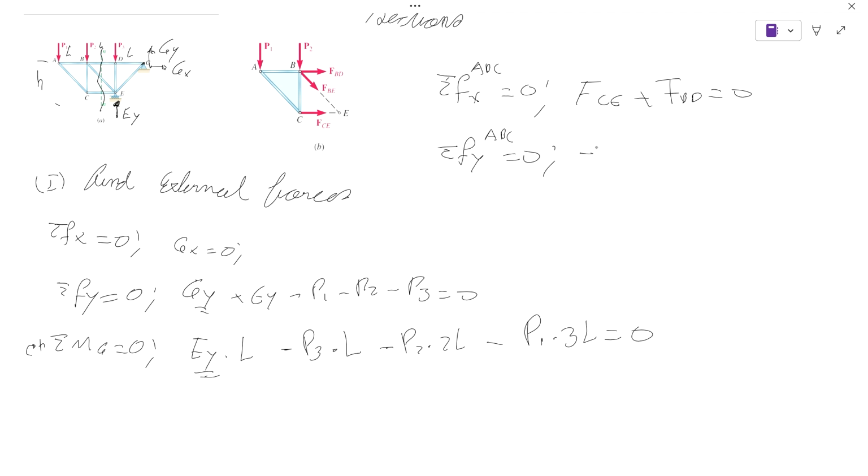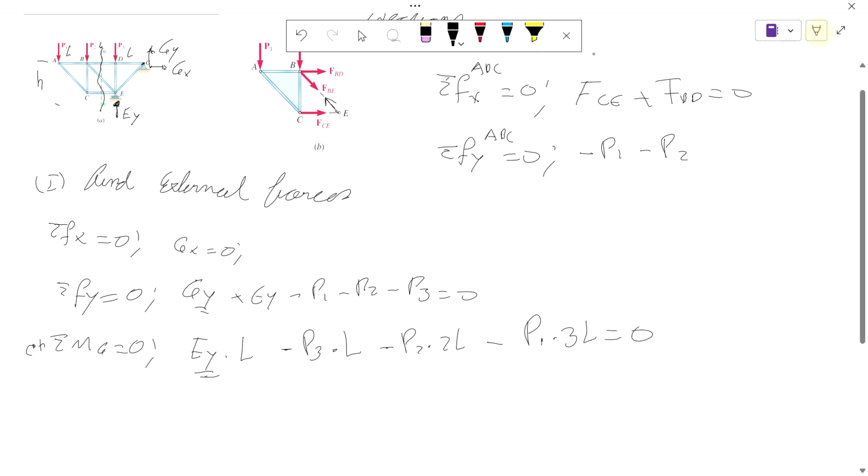And then we have negative P1, negative P2, and we don't have any components in BE because remember this is like a rope. We treat it like a rope. There's only an axial force. We don't have to do components on this guy because we're doing a section, right? Okay, so that won't take us anywhere.